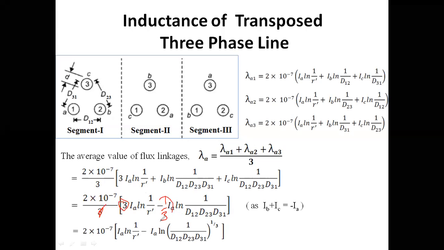If we keep this 1 by 3 term inside the log, it becomes 1 by D12 D23 D31 to the power 1 by 3. We get this equation.